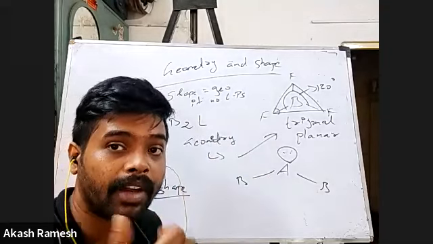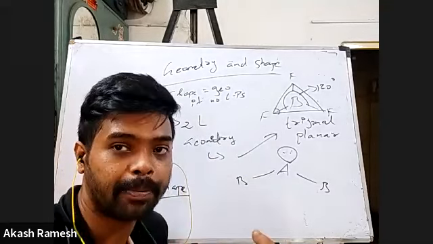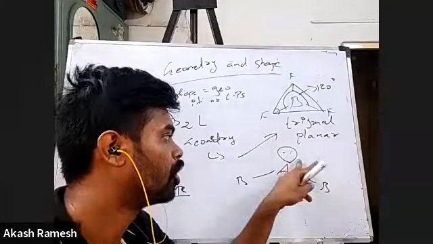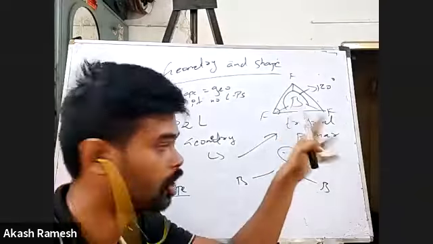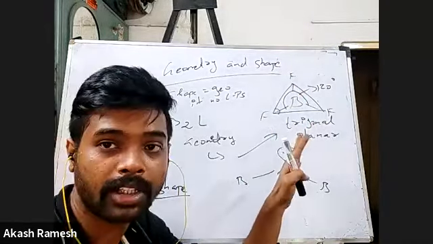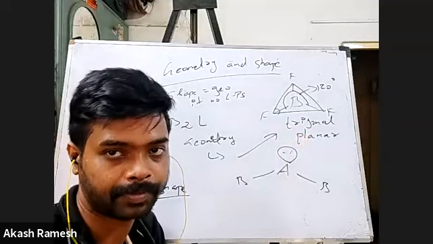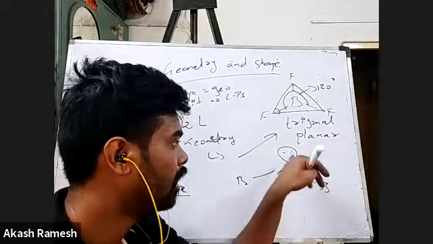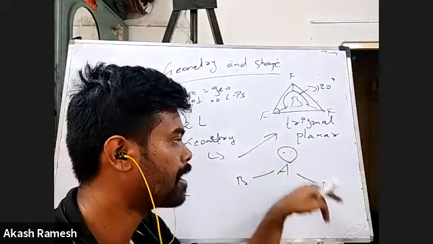But if I talk about the shape, in geometry you will place the lone pair in any one of these positions. Now what I have to see is the effect of repulsion. The first thing you experience is the lone pair bond pair repulsion.